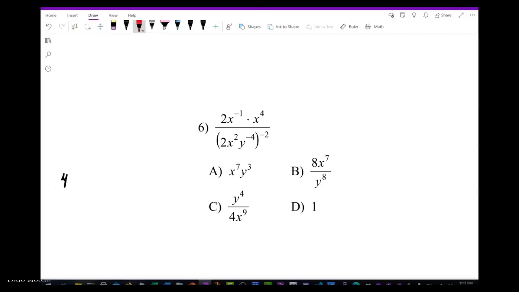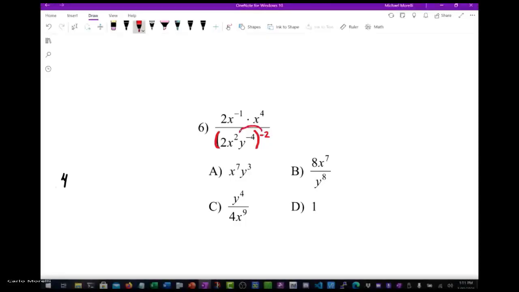What the power rule says is if I've got these big parentheses here and there's an exponent outside, like this -2, the first thing I need to do is distribute, multiply that -2 to all the exponents inside the parentheses. Now, I've left one out, because this is really important.